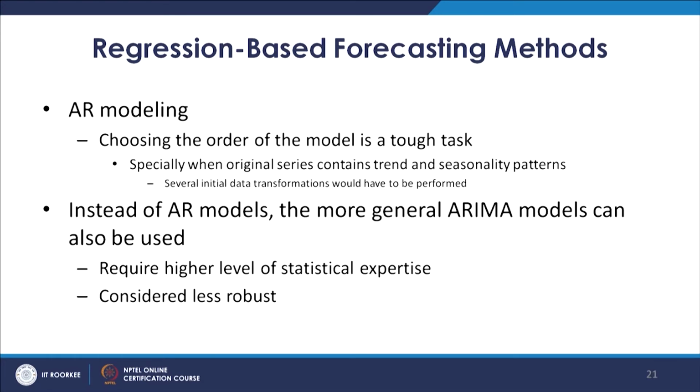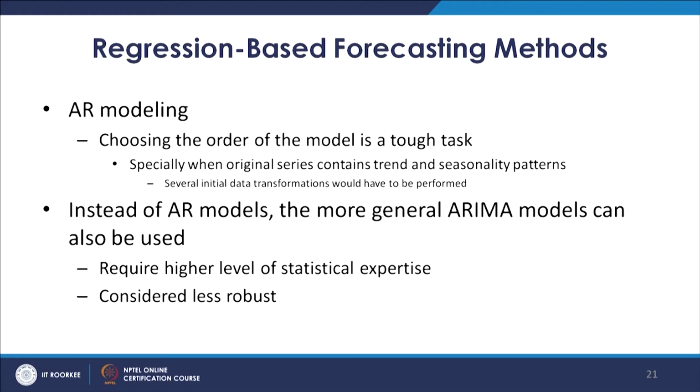Now, in AR modeling, from the modeling perspective, how do we determine the order of the model, because a series could have high correlation with a number of lagged series of itself? So, how do we determine the order of the series, where do we stop, or what order do we finalize?